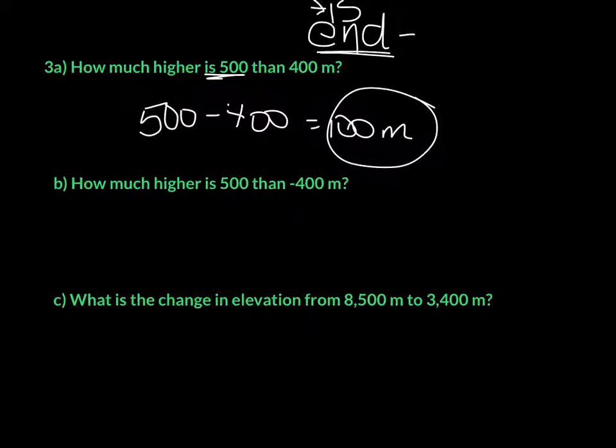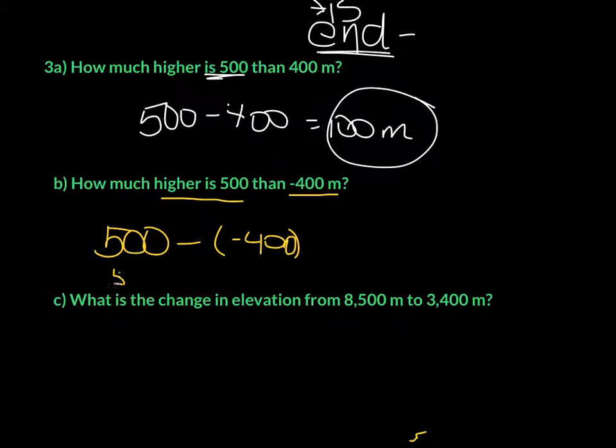The next one, how much higher is 500 than negative 400? So we're going to use the same exact setup. So we've got 500 minus, and this time it's negative 400. I get to stay, change, cha-cha-cha. This is fun.